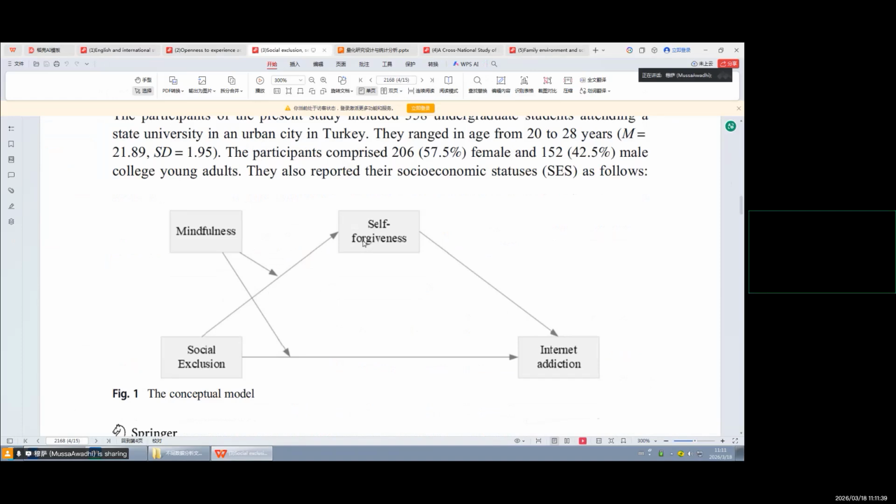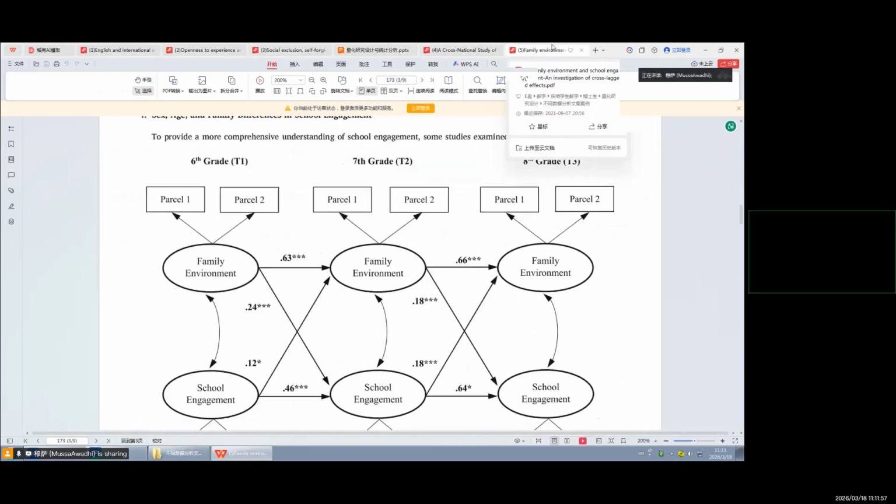What is cross-sectional? Data collection takes place at one time point. This is cross-sectional. Well, longitudinal means data collection takes place at different time points, right? Yeah.